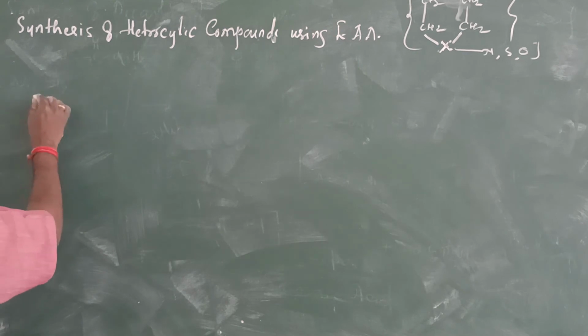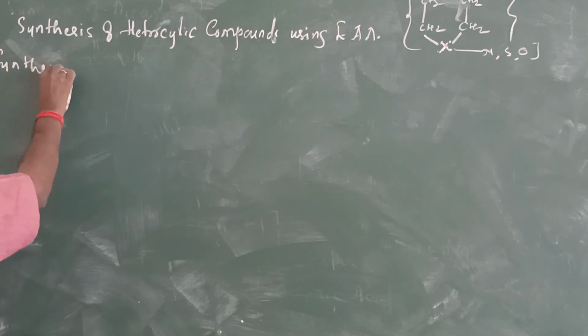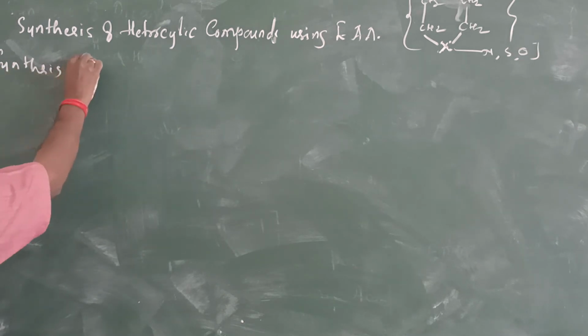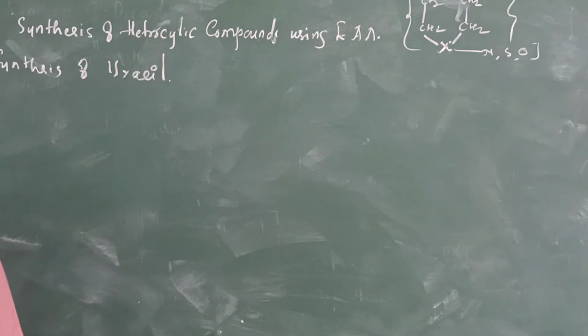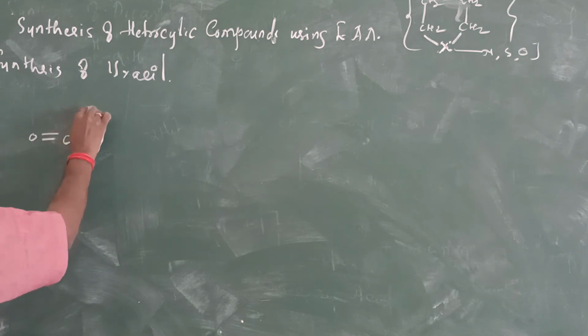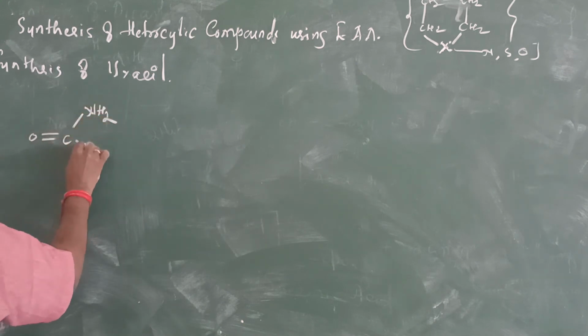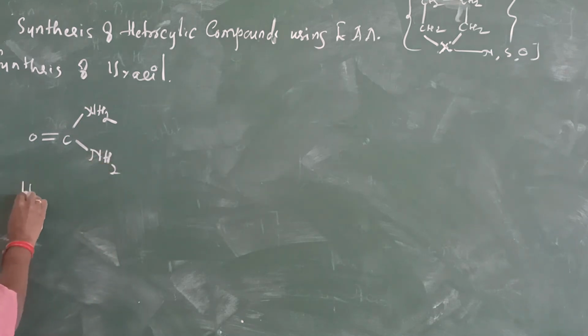So for this what we have to do is the synthesis of uracil. Okay. So in this synthesis of uracil, you have to take NH2, NH2. This is your urea.